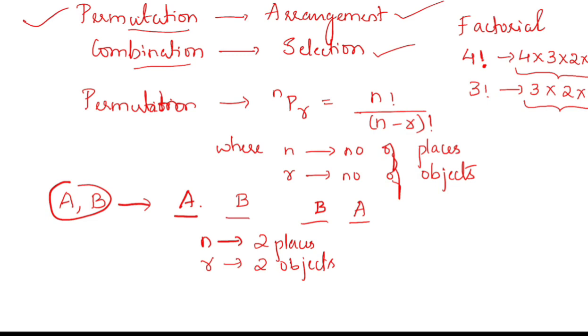So A and B can be arranged in 2 ways, when we see it logically.